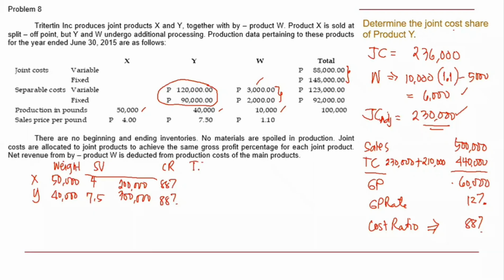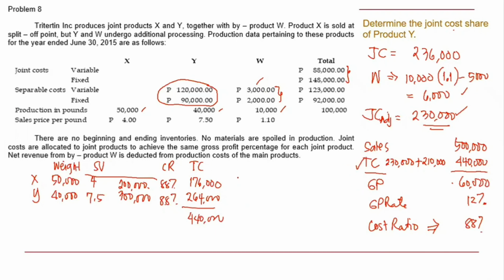So with that, ang total cost natin ay 88% times 200,000. Magkano po yun? 176,000. And then 88% of 300,000, that's 264,000. So ang total cost natin ay 440,000. Kamukha lang po ng total cost dito.